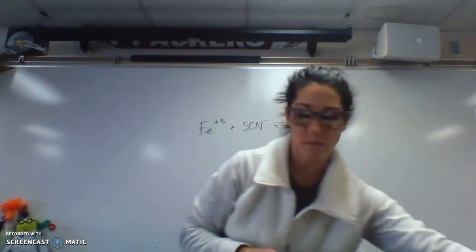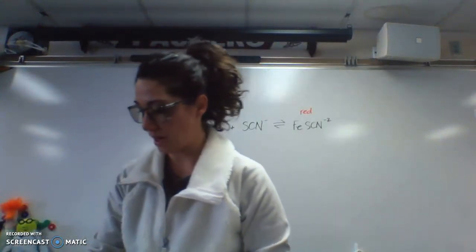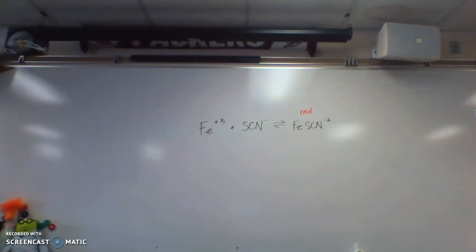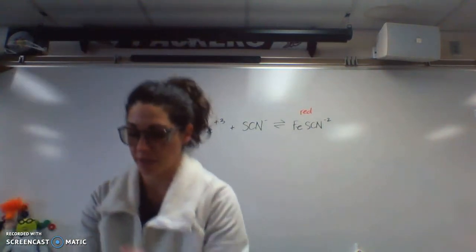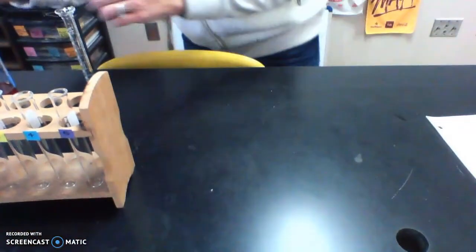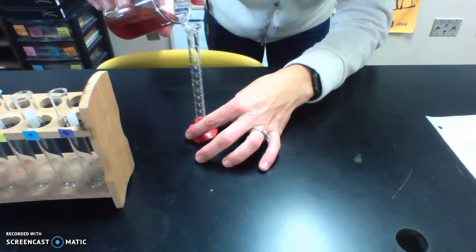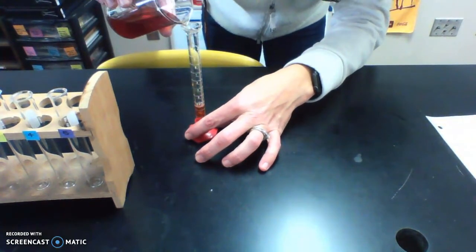Okay, so I'm going to measure out. I'm going to rinse this out for a second. I'm going to measure out 5 milliliters. Approximately, it doesn't have to be very precise.